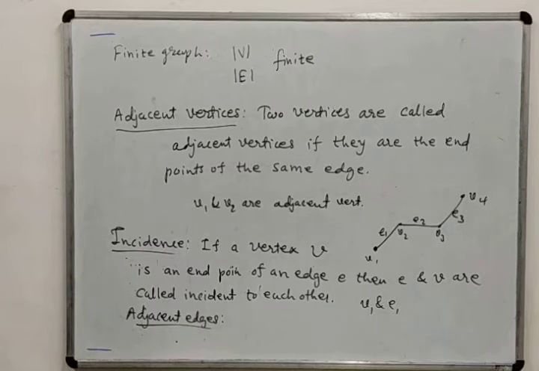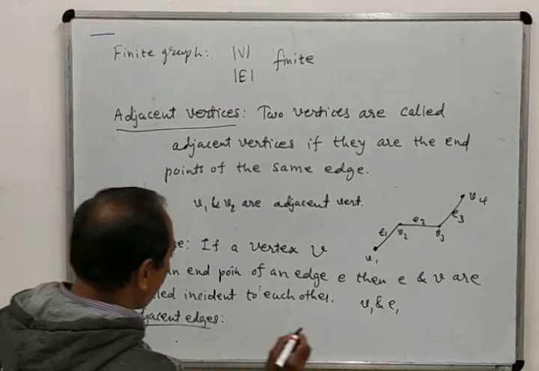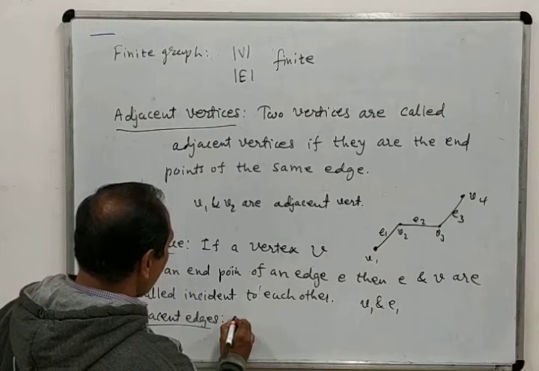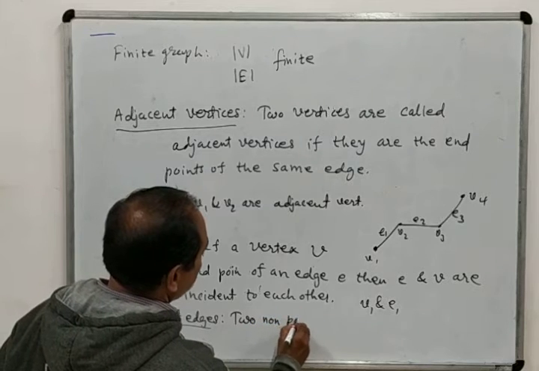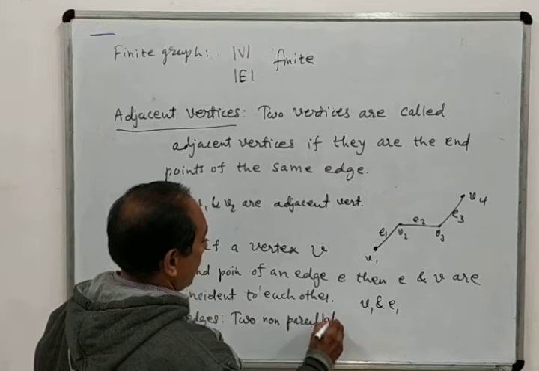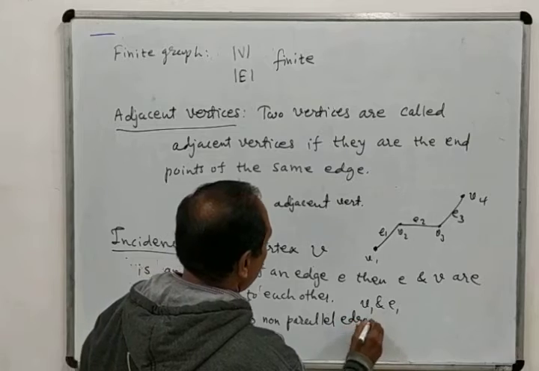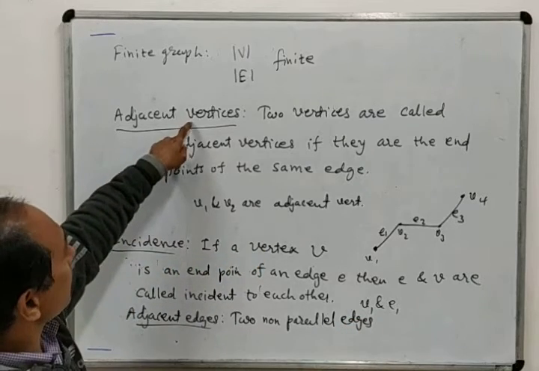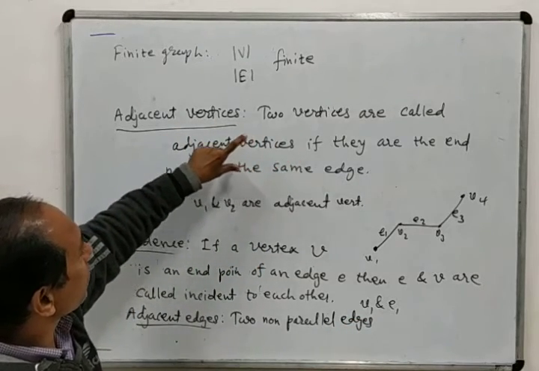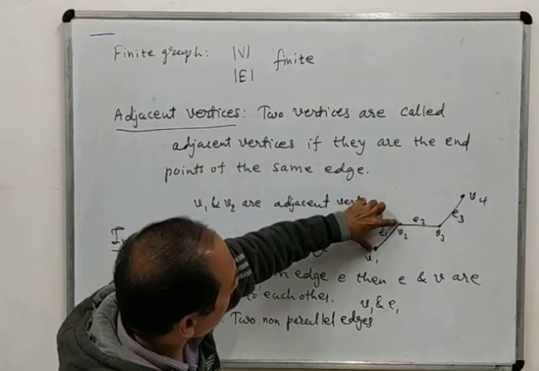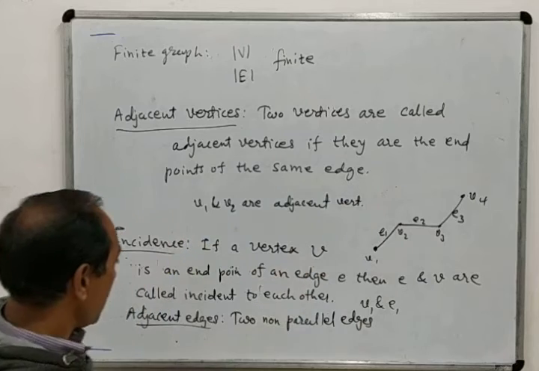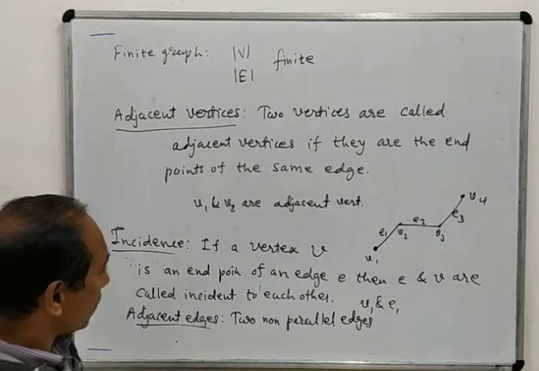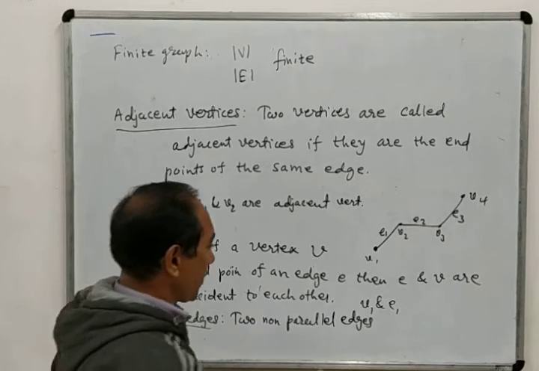Adjacent edges means, first I will write the definition, two non-parallel edges. Obviously adjacent vertices means we are talking about two vertices. Suppose V1 and V2 are adjacent because they are the endpoints of the same edge.